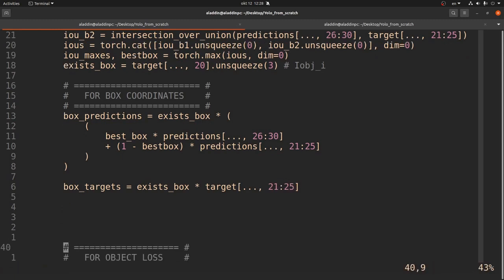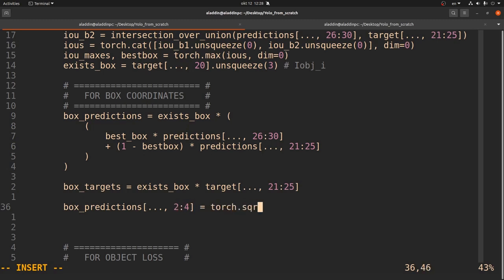Okay, so now we've taken for all 4. But what we also want to do is take the square root of the ones that are for the width and the height. So we're going to do box predictions of all of them from 2 to 4, and first do the square root of the box predictions.